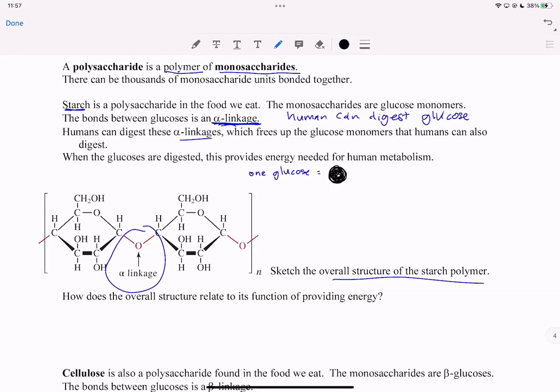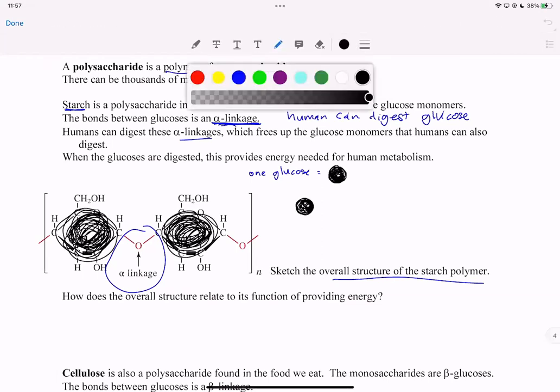Okay. And so glucose like this is going to be a black circle. If I fill this in, that would be 2 of those. But remember, we can have thousands of these. So that's 1 glucose, and I'm going to do a whole bunch more of these. So here's 1 glucose, and it's linked to the next glucose with an alpha linkage.